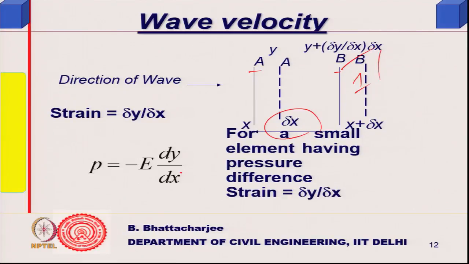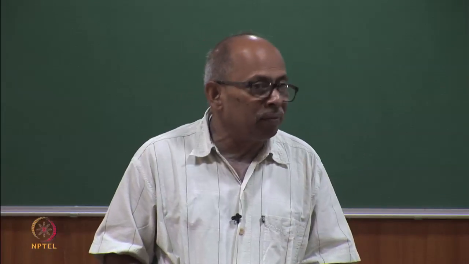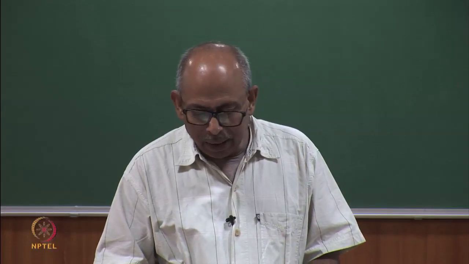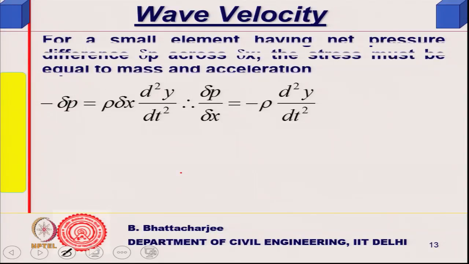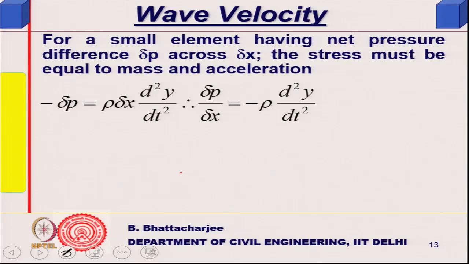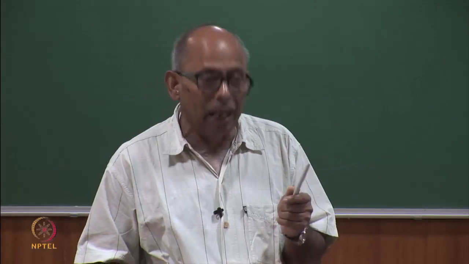Now, my pressure is also available from elsewhere. The rate of change of pressure, del p del x, I can find from my wave equation. Also, pressure is nothing but mass into acceleration per unit area.